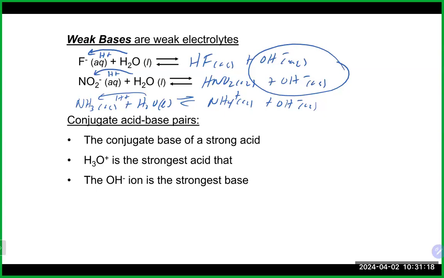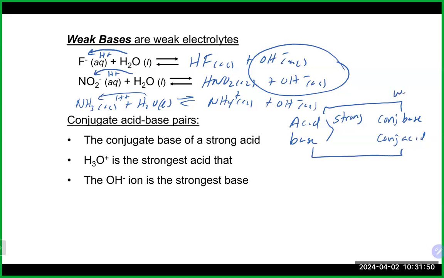The general relationship is this: if we have a strong acid or a strong base, then the conjugate base of that acid or the conjugate acid of that base will be relatively weak. So it'll be a relatively weak partner if it comes from something that is strong.